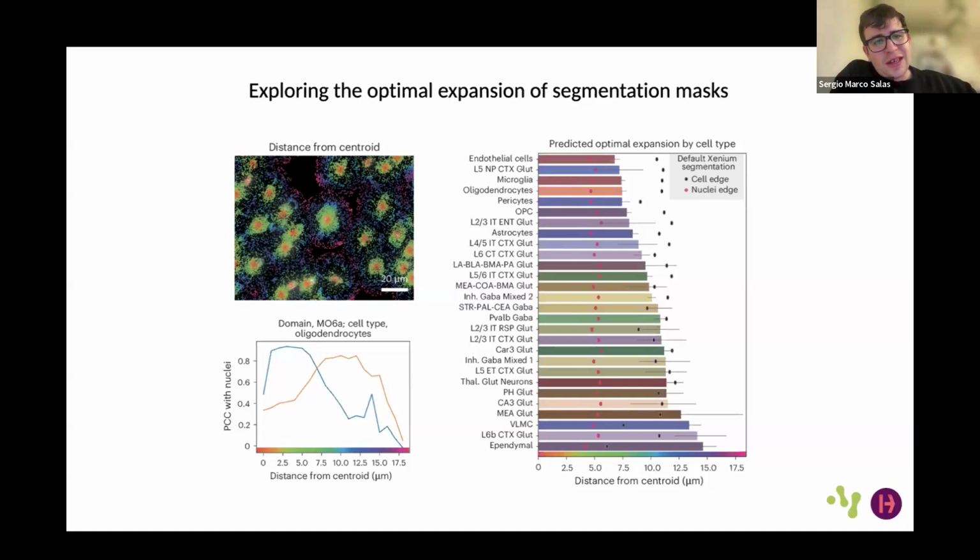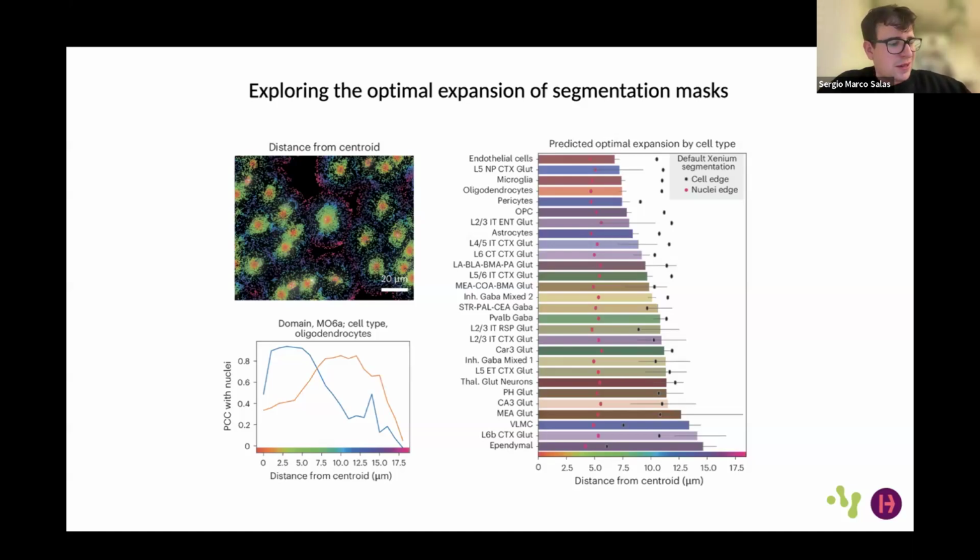In this analysis, we assign every transcript to its closest cell, and we create the expression profile of every individual cell based on the distance to the nuclei. Then we define the nuclei expression as the ground truth, the expression that the cell should have.